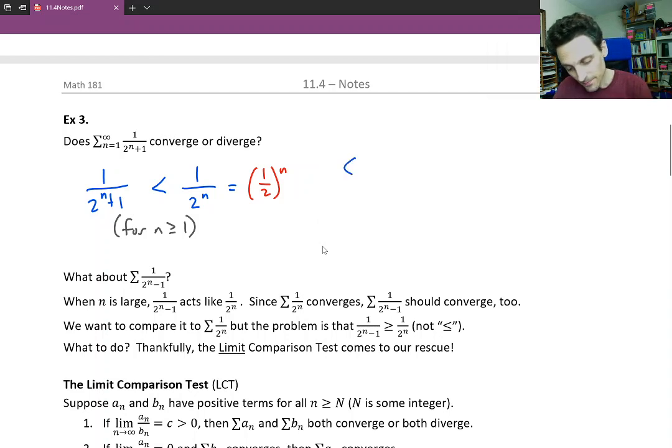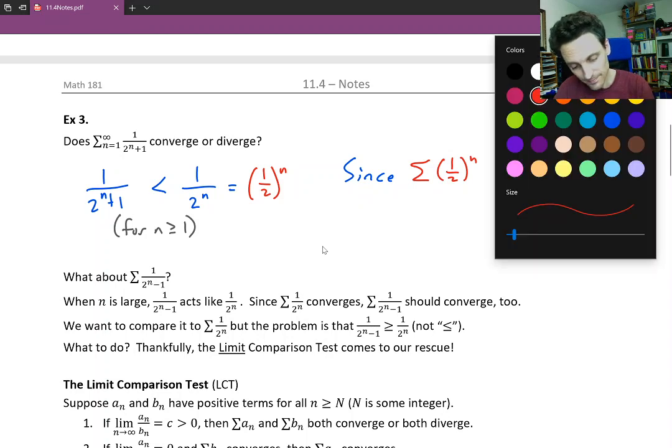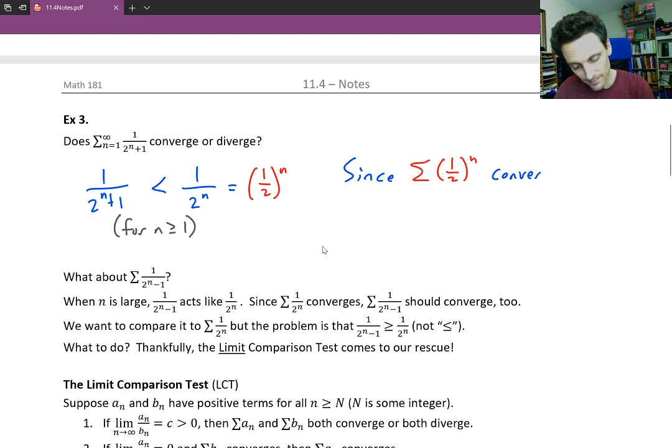So since the series, and I don't have to write the n equals 1 to infinity, I probably should choose the right color. Since the series 1/2 to the n converges, hopefully you beat me to that, because it's a geometric series with r equals 1/2.